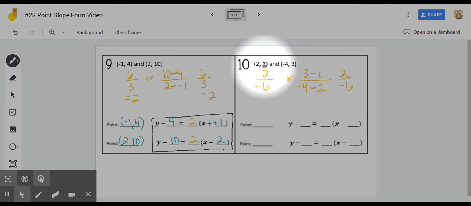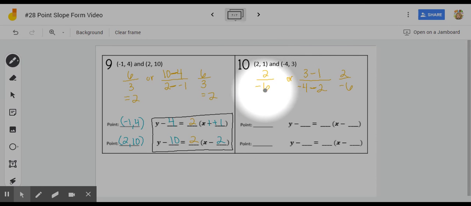So if you're a counter, we went from 1 to 3, which is up 2. And to go from 2 to -4, we went down 6. If you're a formula user, you also get 3 minus 1, which is 2. And -4 minus 2 gives us a -6. Now, guys, let's simplify that slope. They're both even, so I can cut them both in halvesies, no matter if you use your formula or if you do your counting method.